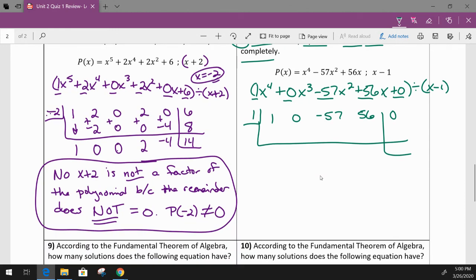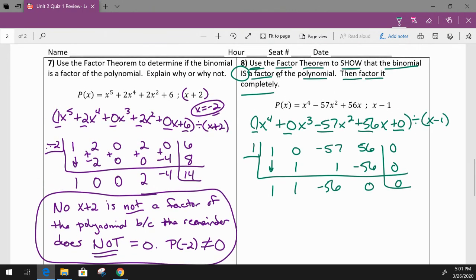All right, so go through the process of synthetic division, carry this down, you get 1, multiply 1, add 1, multiply 1, add negative 56, multiply negative 56, add we get 0, multiply we get 0, add we get 0. So great, the remainder is 0, which shows that, so that's what we were supposed to do at first, show that the binomial is a factor of the polynomial, which means I should get a remainder of 0. If I do not, then I did something wrong.